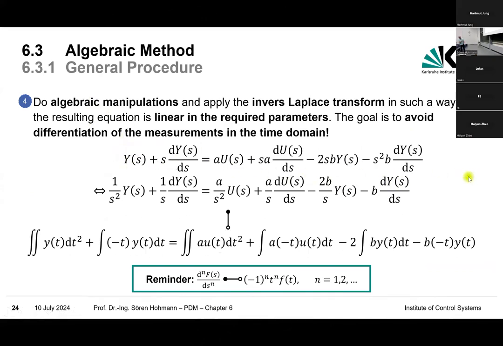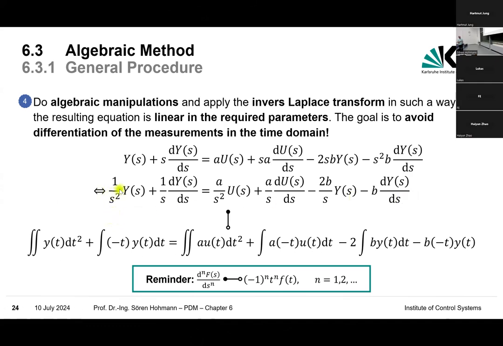We end up with this equation here, and now we want to avoid derivatives in the time domain. So I again do a multiplication with 1 over s squared, because 1 over s squared is 2 times an integral, right? And I end up with the following expression.